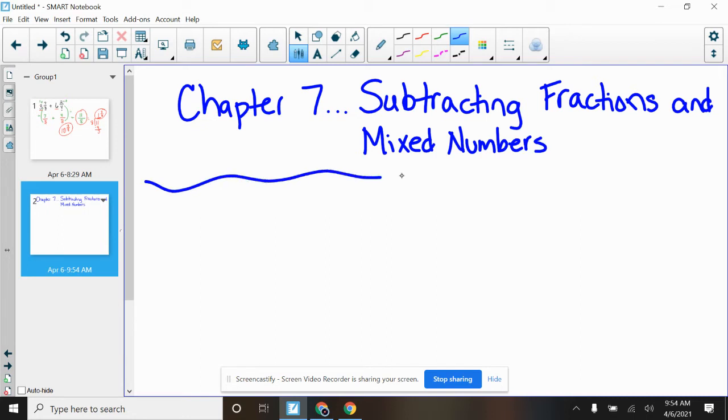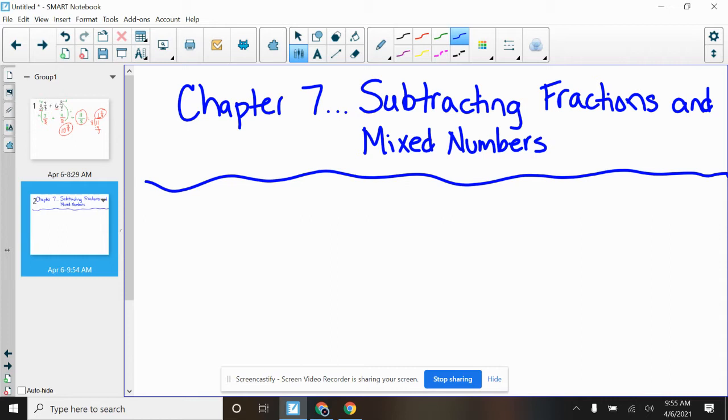Okay. So this is what this chapter is going to all be about. Learning how to now subtract fractions and mixed numbers. You've already been taught how to add them. Now it's time to learn how to subtract them.